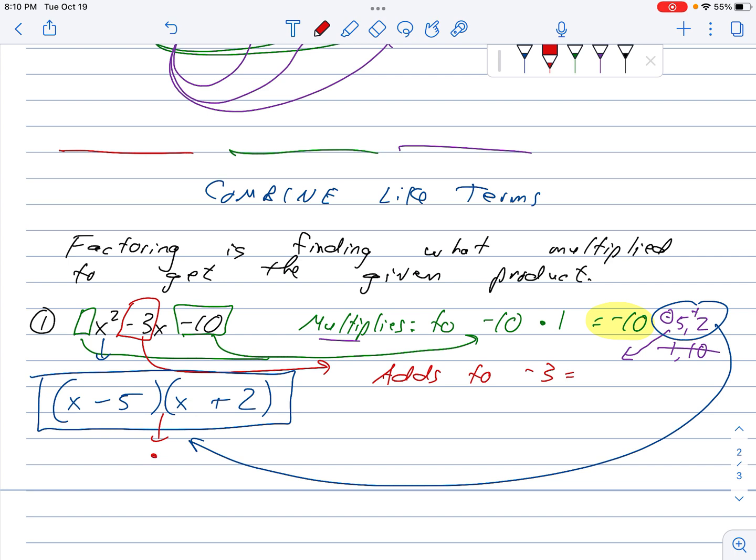And if I were to FOIL them, it would get me back to here. These are two binomials that when multiplied, FOILed, would get me back to here. Just for quickness of time, this x squared tells me it's just x and x. Once there's a number in front of here, this will change a little bit.